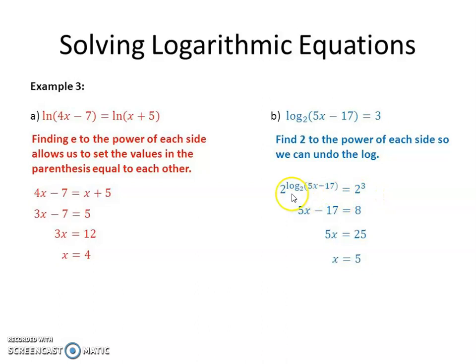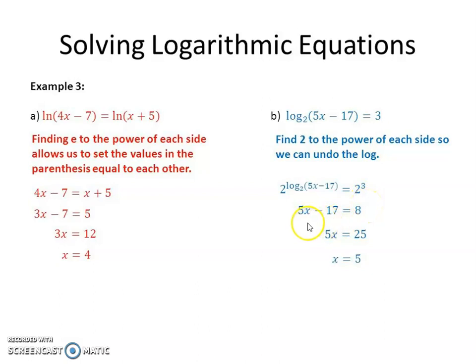That's why the base is important. So the 2 and log to the base 2 get cancelled and we derive only 5x minus 17 is equal to 8. Why? Because 2 cubed is equal to 8.